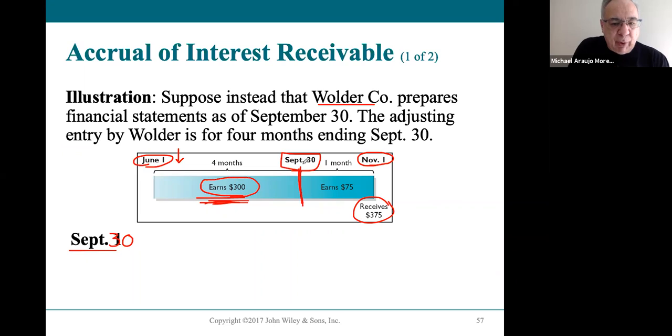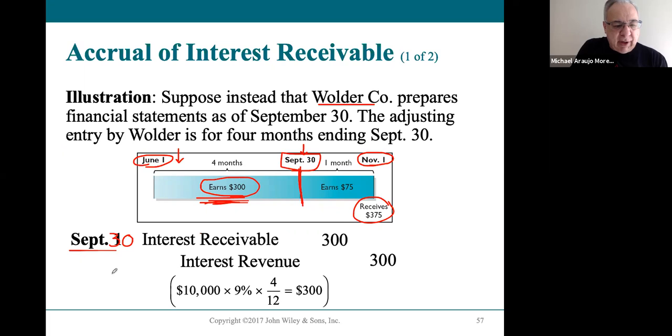And remember, the whole point of chapter 4 is when we close our books, all the revenue has to be there. All the expenses have to be there, right? So we're going to have to recognize that revenue, although we're not going to get paid until later. So on the 30th of September, that $300 that we've earned needs to be recognized as revenue for this fiscal period.